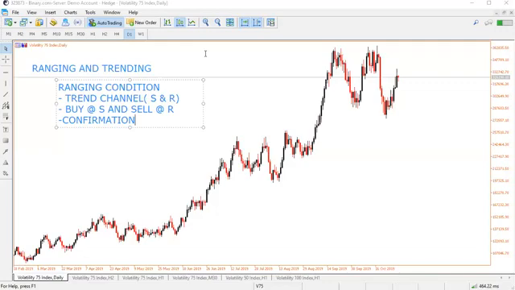I'll give a typical example on what I mean. Let's look at this region here. As you can see, the market was going up. It respected this point here. It went down. It respected this region here. It went up, respected this region here, and then went down. So look at this, guys.